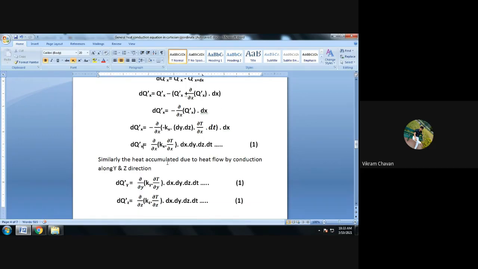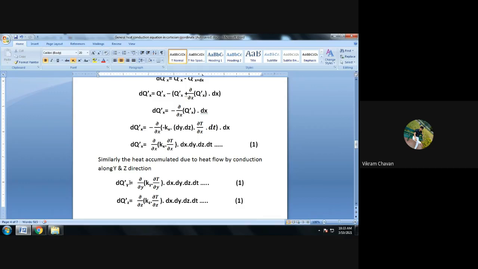Similarly, the heat accumulated due to heat flow by conduction along the y and z direction. Just change the axis, you will get it from this particular equation number 1. If you change the axis, you will get the equation for net heat accumulated in the y direction and net heat accumulated in the z direction.